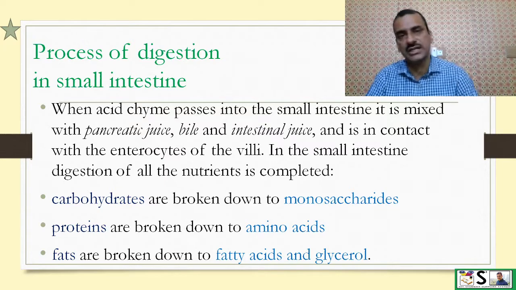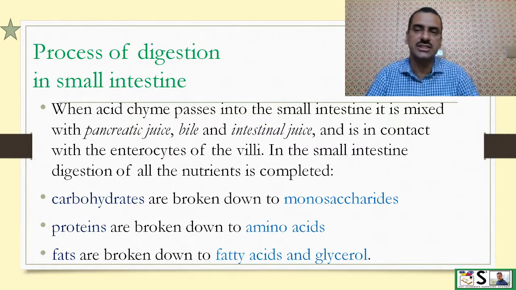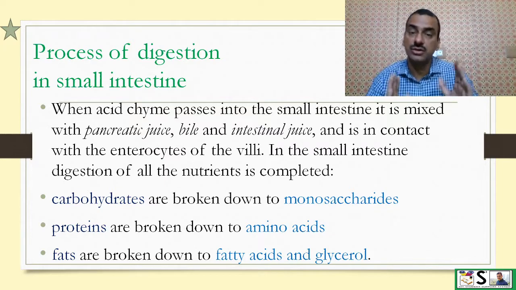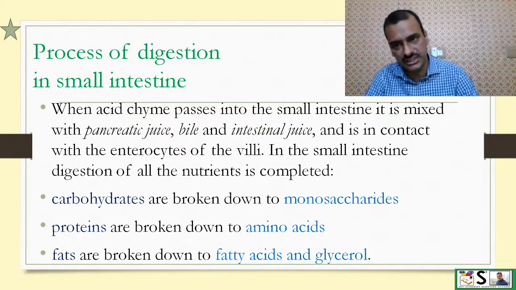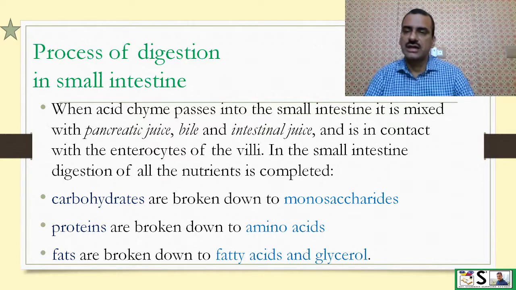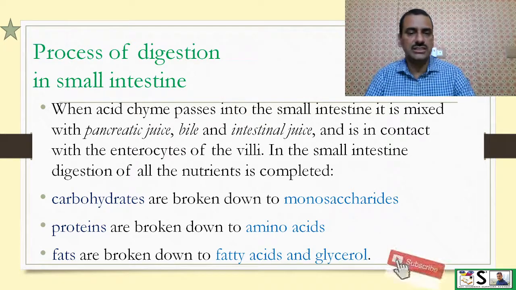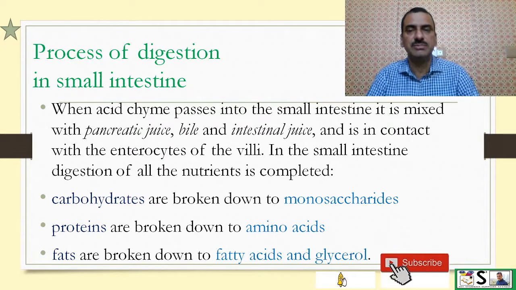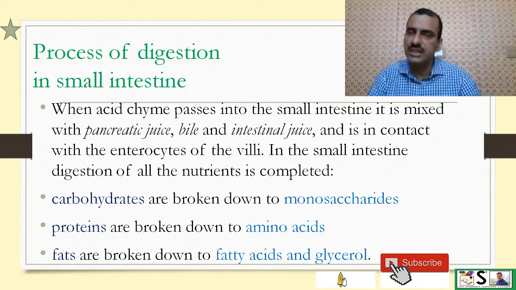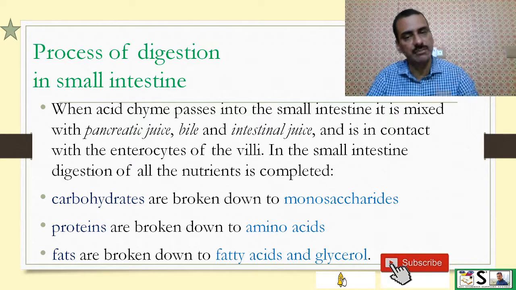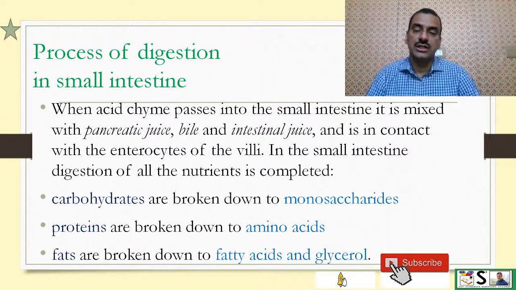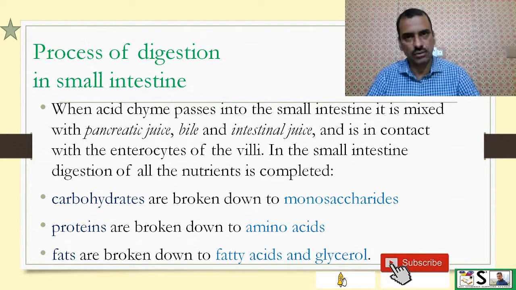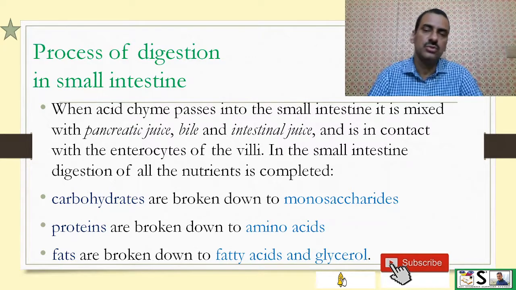This is very important. In examination, a separate question is asked: explain the digestion in the small intestine. So when the chyme passes into the small intestine, it is mixed with pancreatic juice, bile and intestinal juice. So three types of juices are there in the intestine: intestinal juice, pancreatic juice and bile. And they all act on this chyme to digest it.